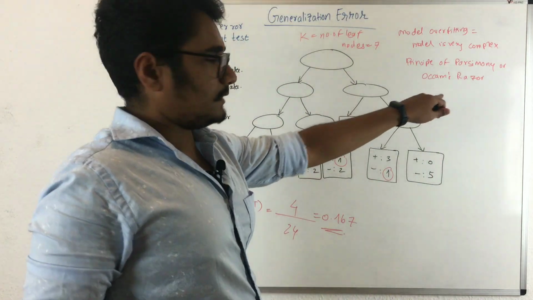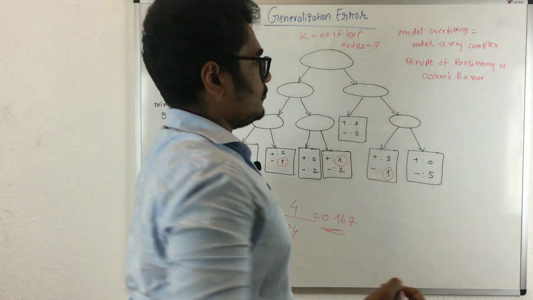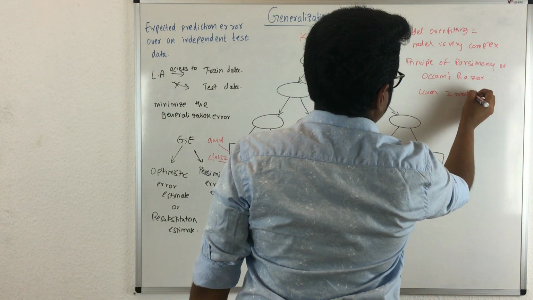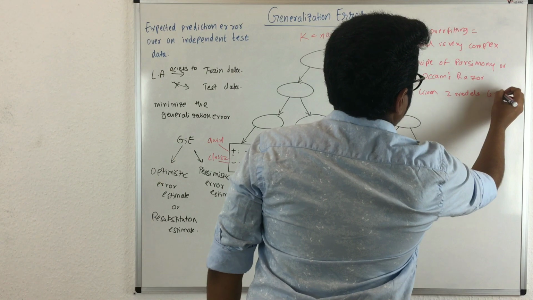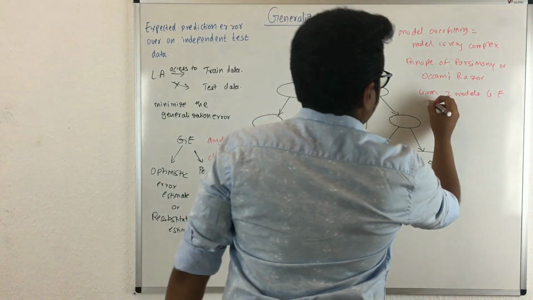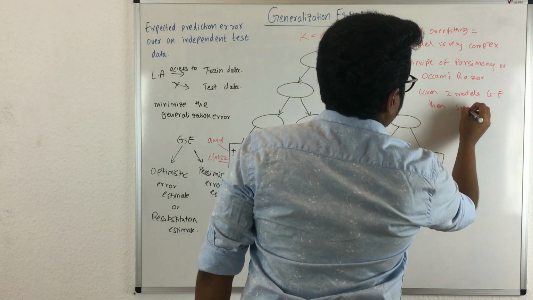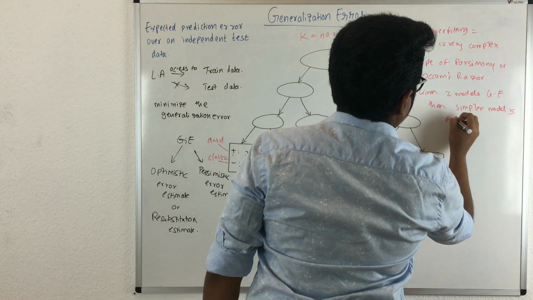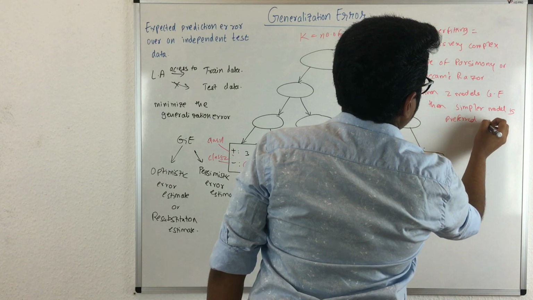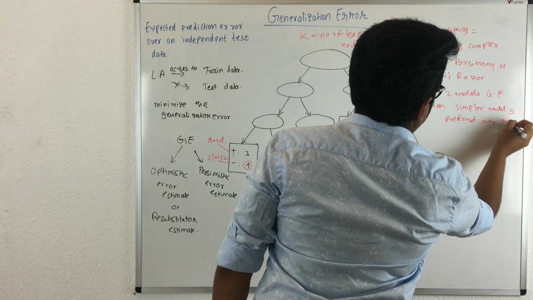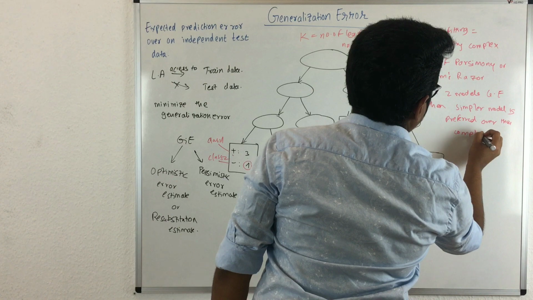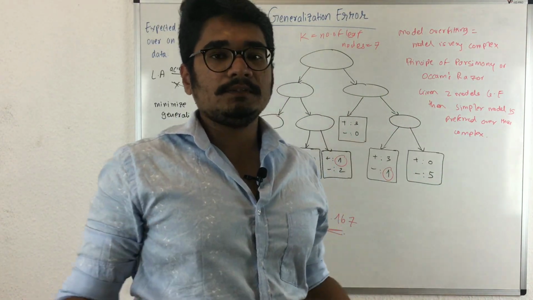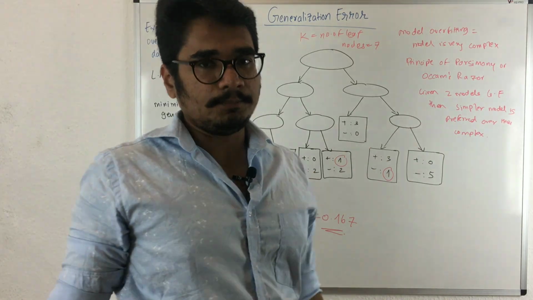It states that given two different models having the same generalization error, the simpler model is preferred over the complex one. So if your model is too complex, you don't go with that, instead you go with the simpler model.